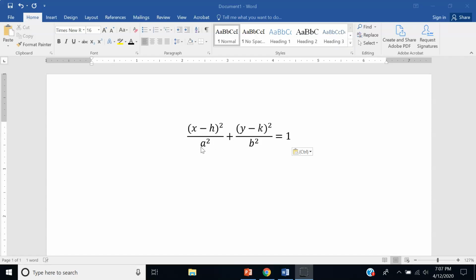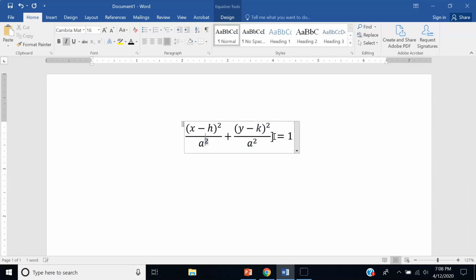So here's the equation. This one, obviously the a piece is under the x, but if a and b are equal, then we can replace this b here with letter a and set those equal. Now, what could we do to both sides? Well, we could take the entire piece on the left-hand side and multiply it by a squared, and then take the right-hand side of our equation and multiply that by a squared.